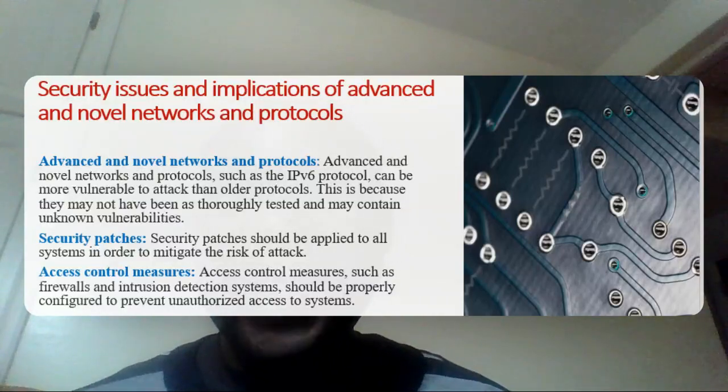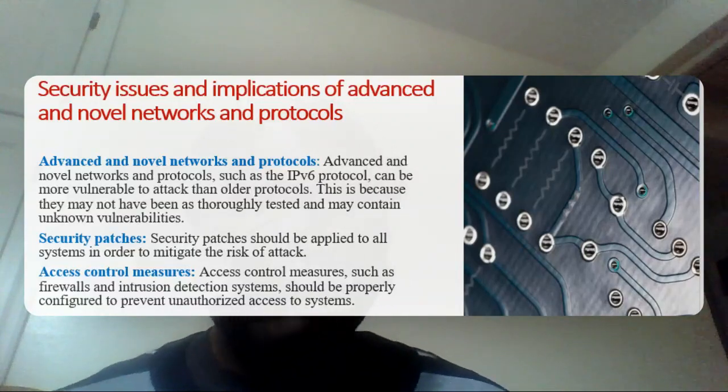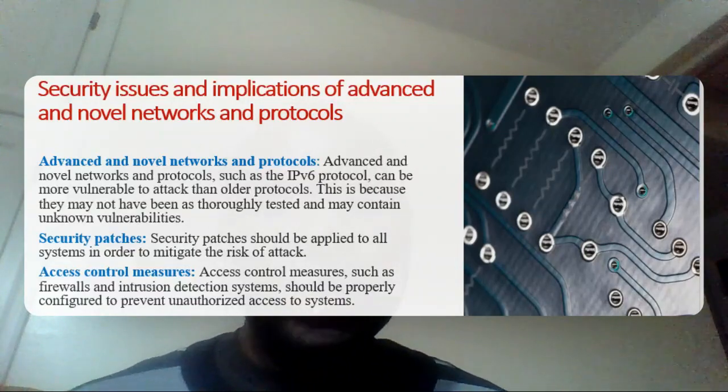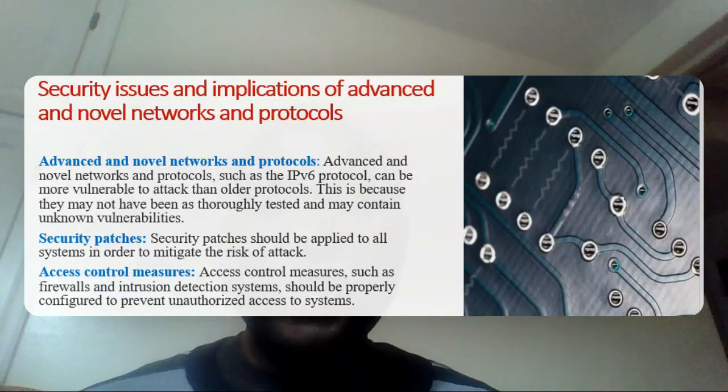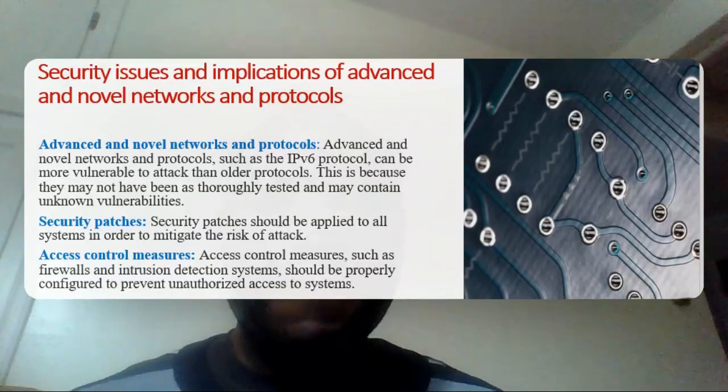This is because they may not have been as thoroughly tested and may contain unknown vulnerabilities. Security patches should be applied to all systems in order to mitigate the risk of attack. Then access control measures such as firewalls and intrusion detection systems should be properly configured to prevent unauthorized access to systems.